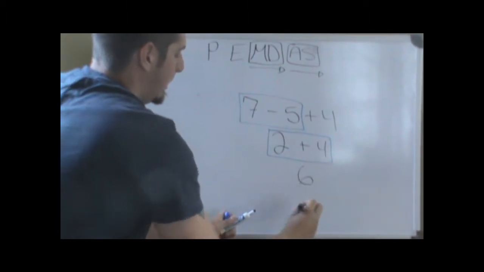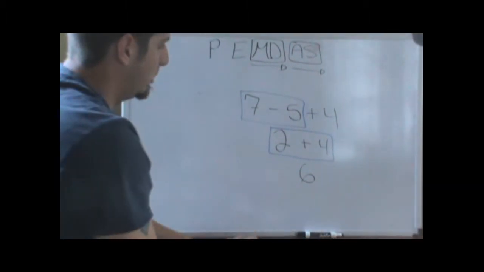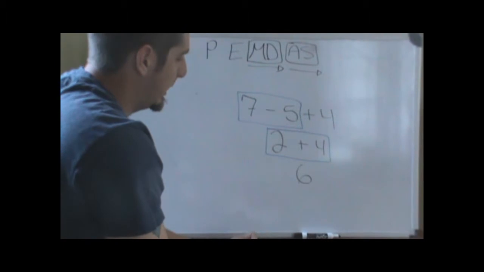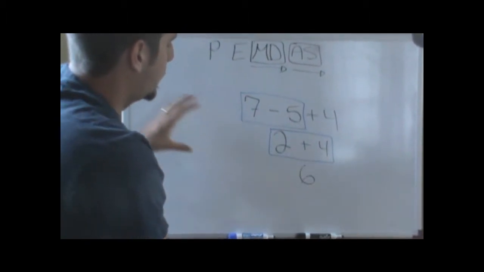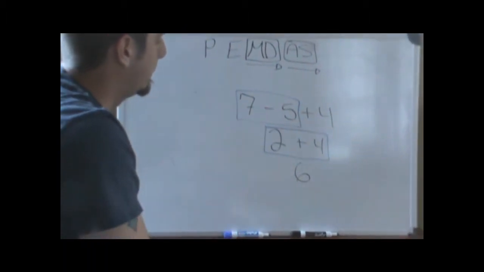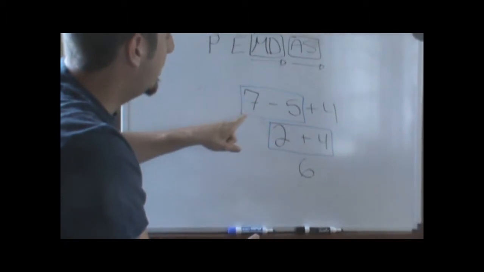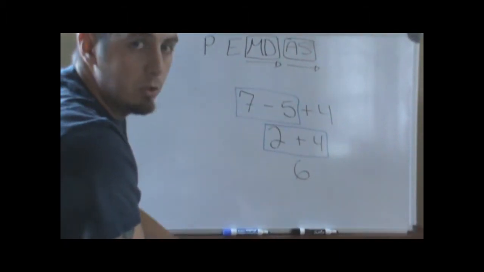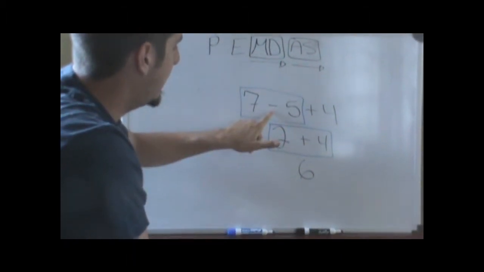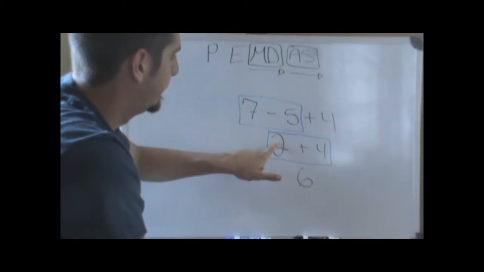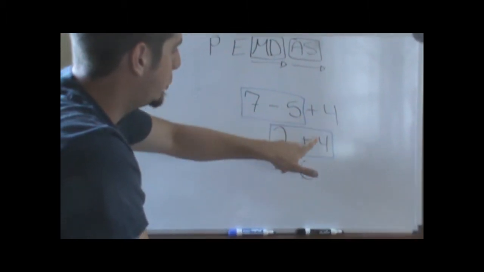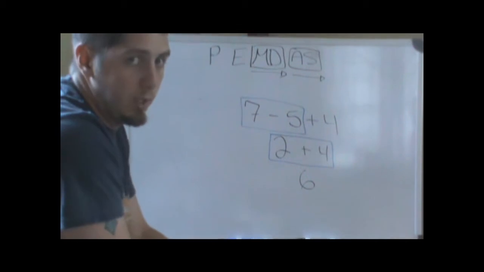If you just take a moment to look at the way I showed and organized my work, I wrote the original problem out, and then I boxed off what I was going to do first. Right underneath that box is my answer. Everything outside that box dropped right down after I wrote my answer down.